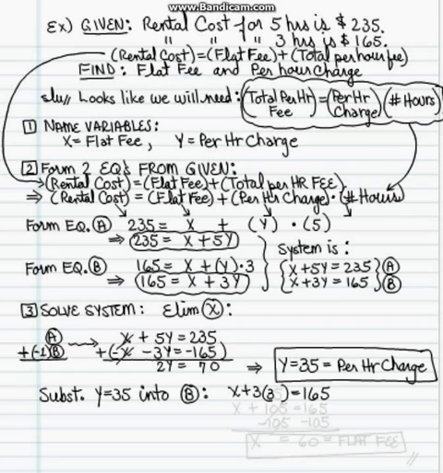In place of y, put 35. 3 times 35 is 105, so this is x plus 105 equals 165. Then subtract 105 from both sides, and we will have x. These will cancel. X is equal to 165 minus 105, which is 60. And that's our x value, which is equal to the flat fee. And we are finished.